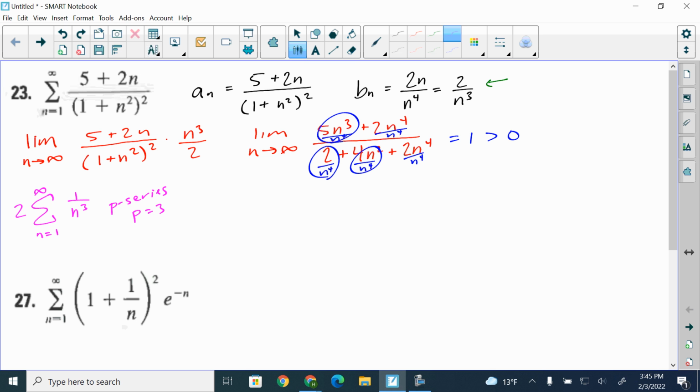And then you can say that it is convergent. And then you can say, therefore, our original series, so the given series, also converges. And I always say what test I used: by the limit comparison test.